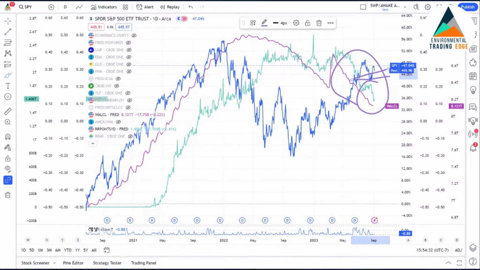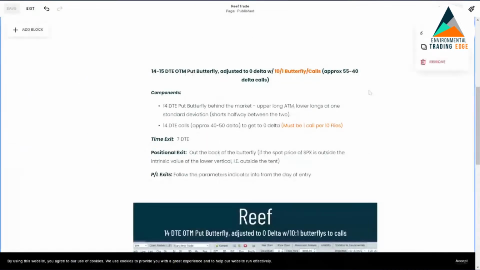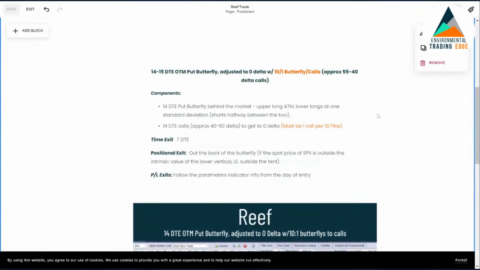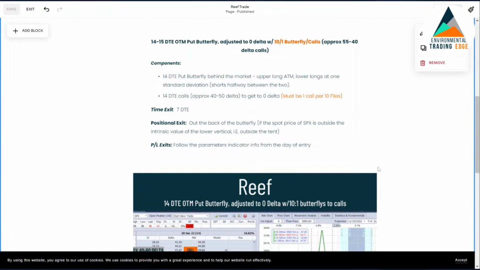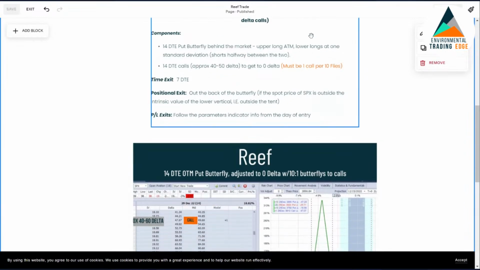So there is a reef trade, which here we'll share this tab. So this is one of our reef trades. Now, of course, it's not on all the time, otherwise that would be kind of insane, but this is a reef trade, and there are very specific rules to the reef trade. If we cruise down here, there is a position exit out the back of the butterfly.